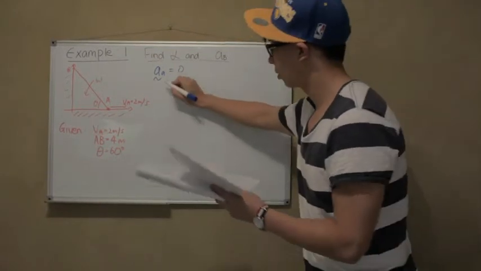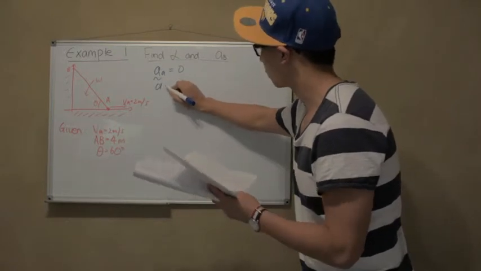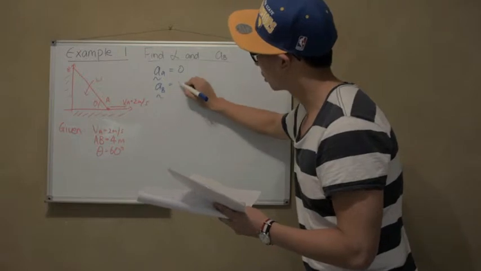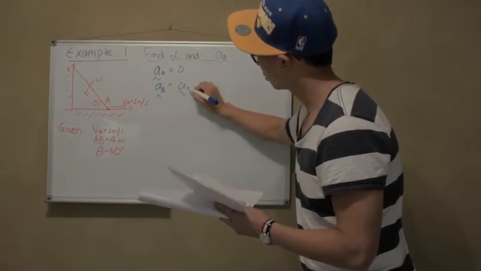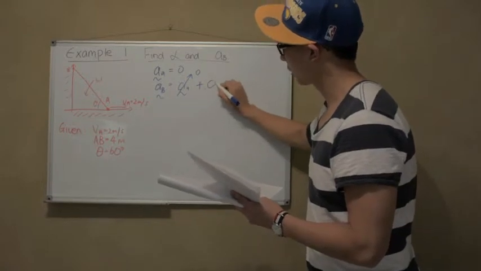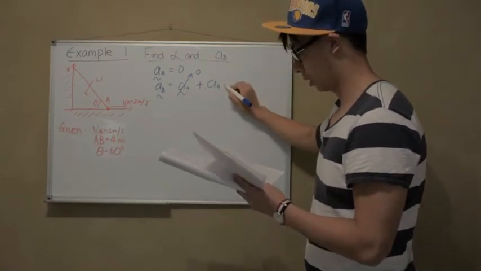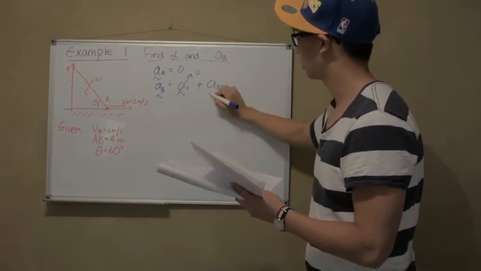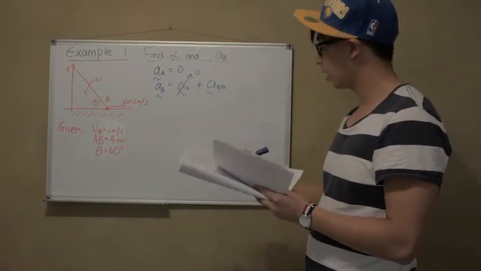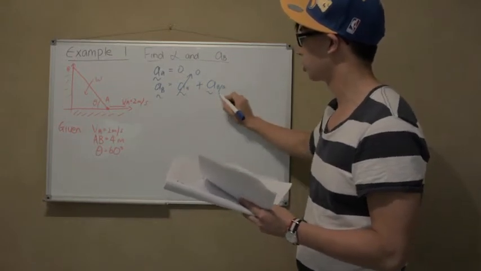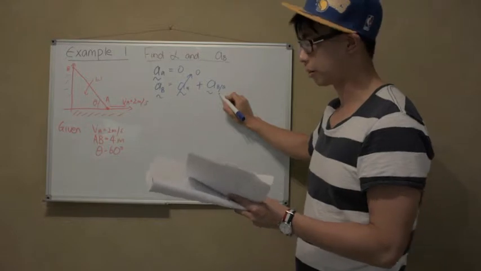Now from before, we know that the acceleration at point B is equal to the acceleration at point A, which is equal to 0, plus the acceleration of point B with respect to A. Now this can be split up into two components, the tangential and the normal component.